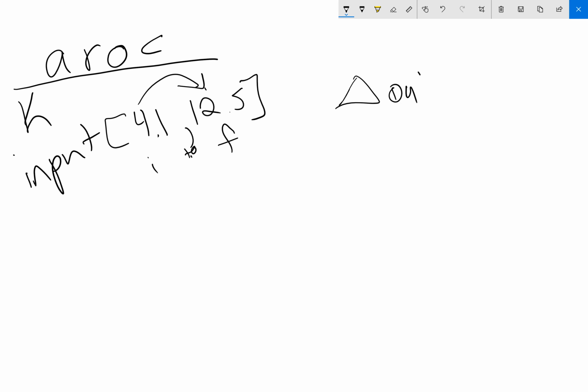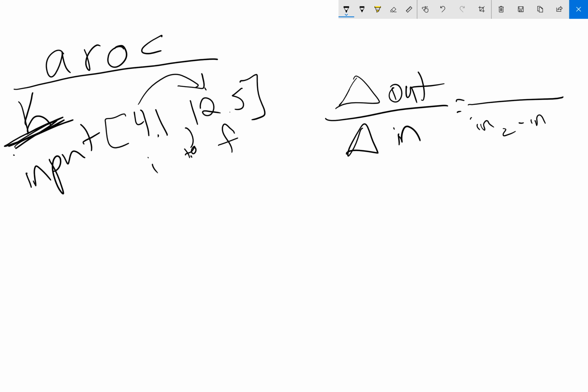Change in the output over change in the input. So in this case, our function is k, right? So here we could say input 2 minus input 1, k of input 2 minus k of input 1, right? Because this gives us our outputs using the final and initial inputs.